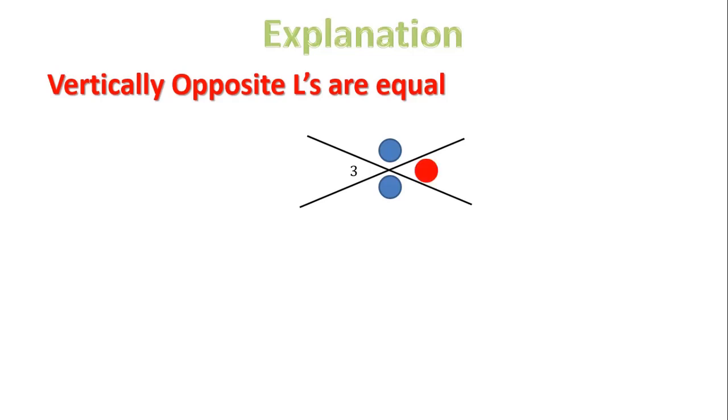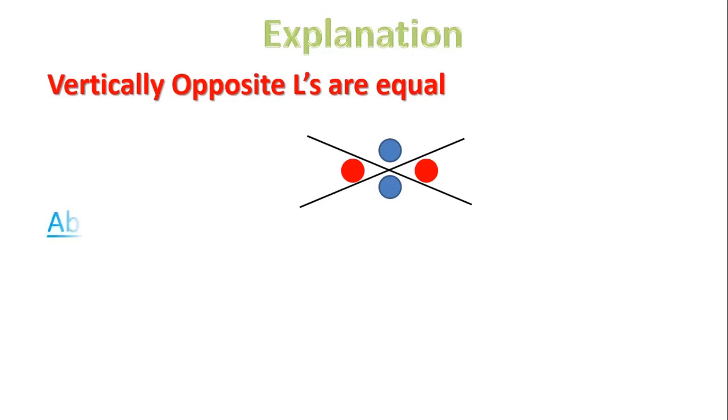I have now got a red dot or circle. Which angle is vertically opposite? Can you see angle 3? And so my red dots or circles are vertically opposite and my blue dots and circles are vertically opposite.